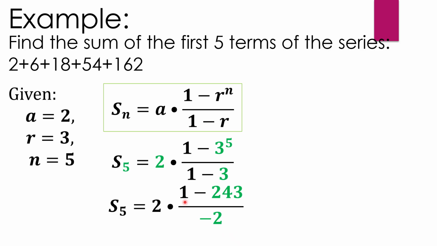Then 1 minus 243, that is negative 242. Then negative 242 divided by negative 2, that is 121. Then 121 multiplied by the first term, 2, that is 242. So the sum of this series is 242. As simple as that.